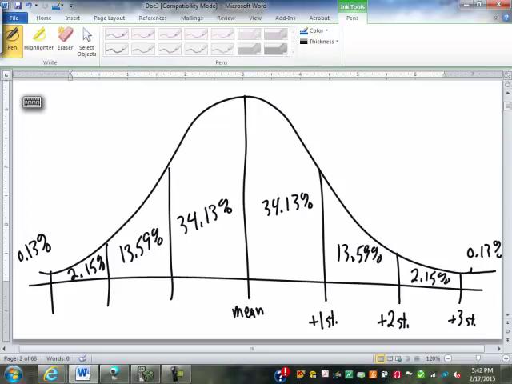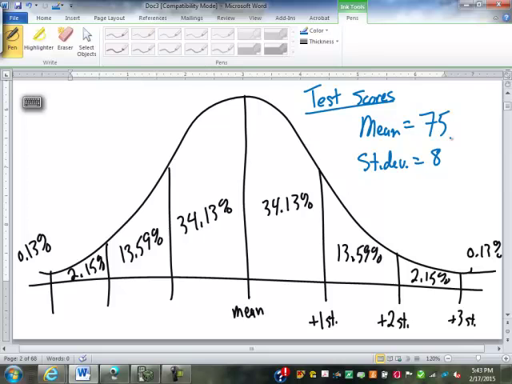Well, let's say we have a data set. Let's talk about something that hits home to students. Let's talk about test scores. And let's say that on my Unit 2 test, there is a mean score of 75 with a standard deviation of 8.